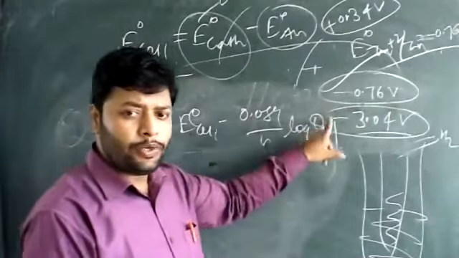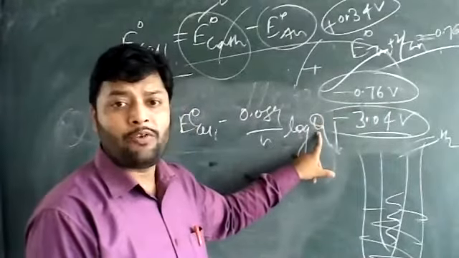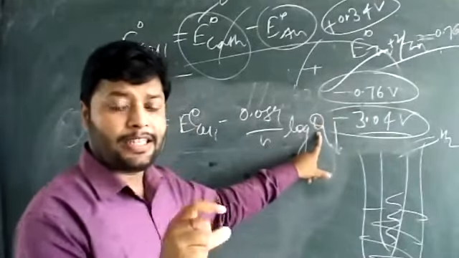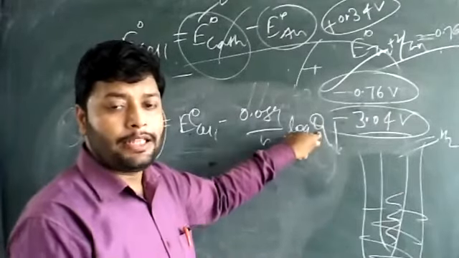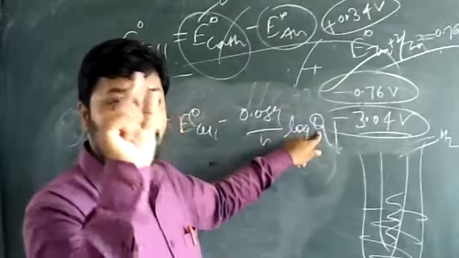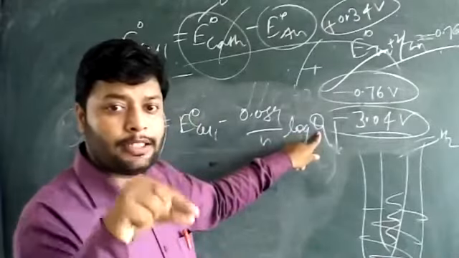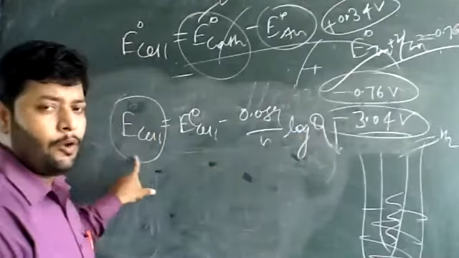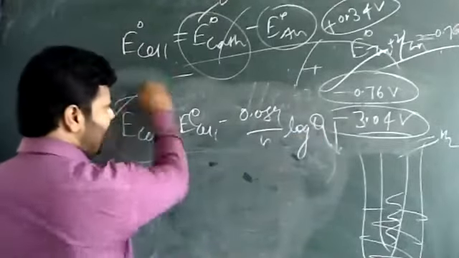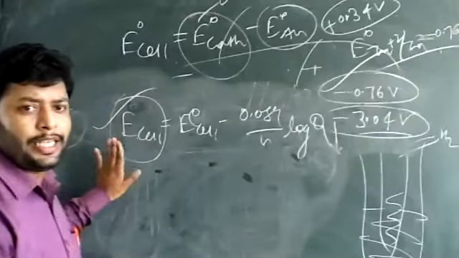That's why while writing the value of Q, we only take the aqueous ions. And that will be aqueous ions in product upon aqueous ions in reactant, the quotient value. With this formula, we can calculate all the related things of the cell.